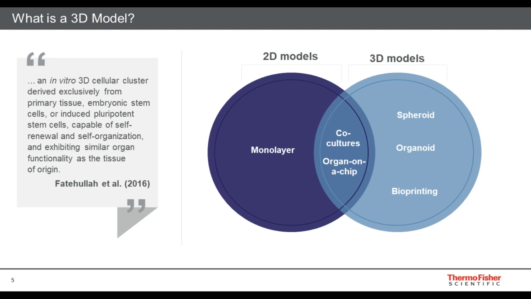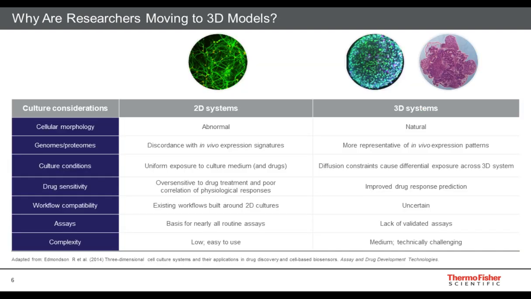These are sometimes highly engineered 2D model systems in some configurations, and in other configurations, they may mimic more like an organoid or spheroid type model. But in general, when we talk about 2D models and 3D models, these would be the broad classes of these models and how we think about them.